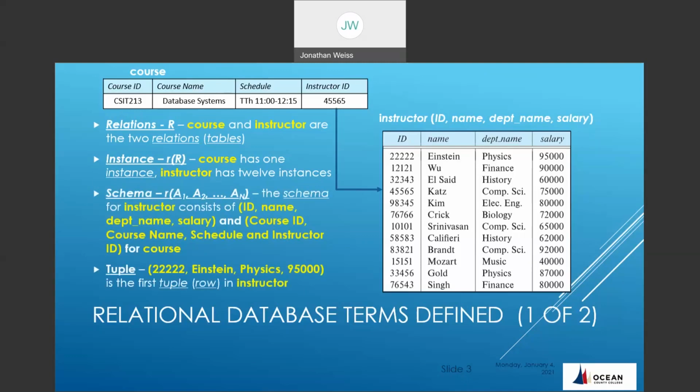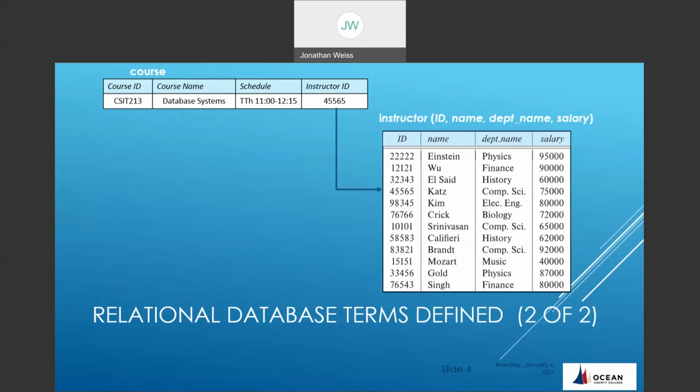222 Einstein physics 95,000 is the first tuple or row in instructor. Make sense to everybody so far? Any questions on this so far? All right, let's keep going. Name is an attribute of instructor.